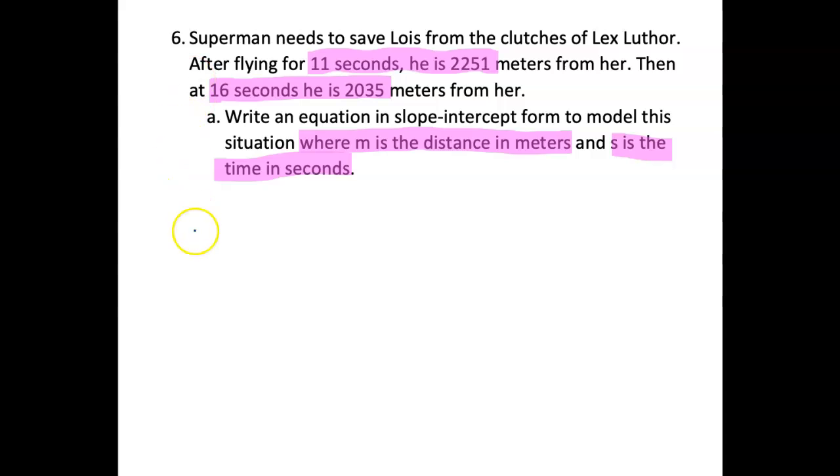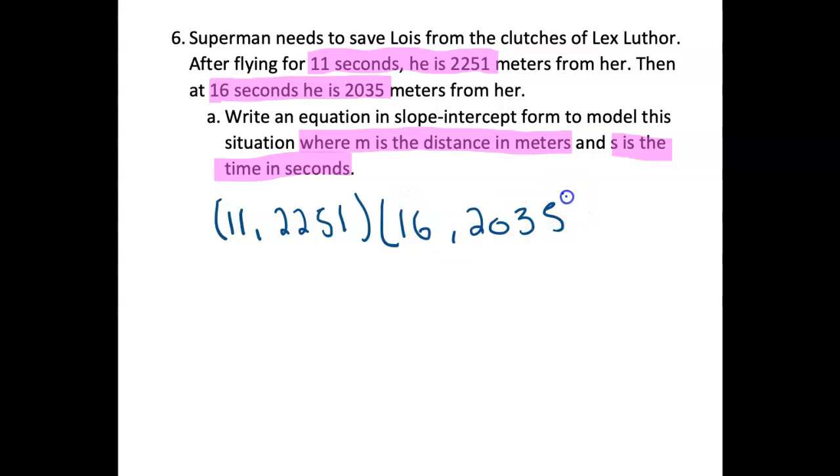Okay, so just like before, let's go ahead and write our points. 11, 2,251, and then 16, 2,035.